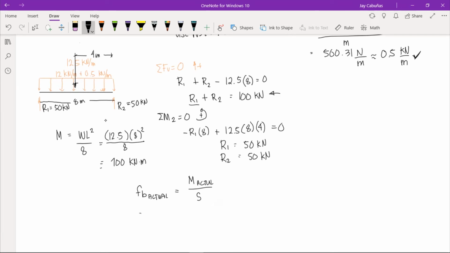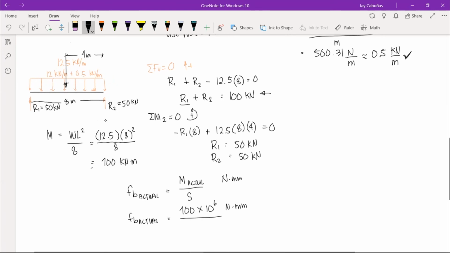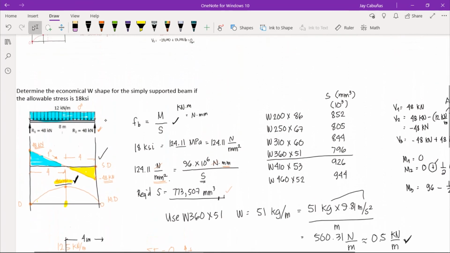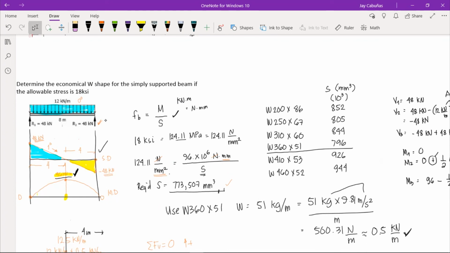The moment is 100 kilonewton meter, so we change that into Newton millimeter by multiplying it by 10 raised to the 6. So we have Newton millimeter over the section modulus of our chosen shape, which is 360 by 51.